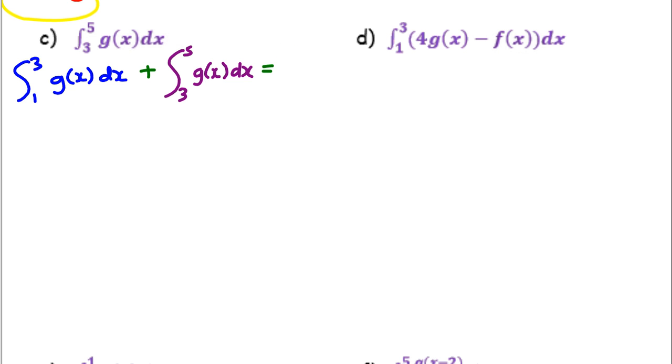So going from 1 to 3 and then 3 to 5, the integrals are of the same function. If you add those integrals together, it's the same as if you went all the way from 1 to 5.